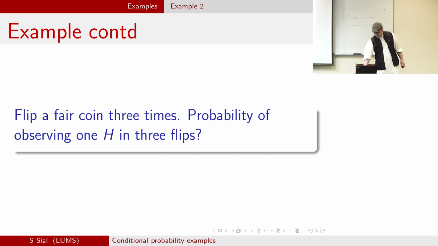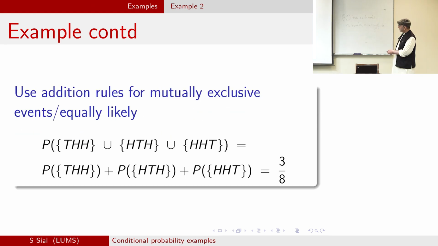Okay, let's try this one. You flip a fair coin 3 times. What's the probability of observing exactly 1 H in 3 flips? The probability of observing 1 H is the probability of observing THH, or observing HTH, or observing HHT.